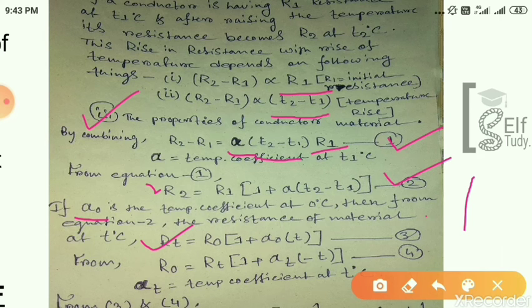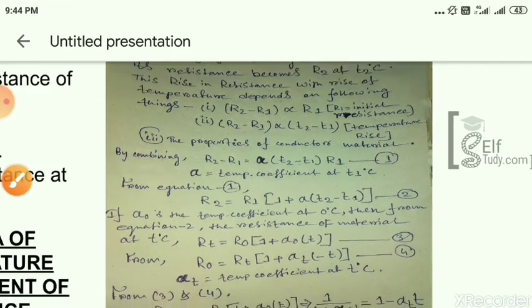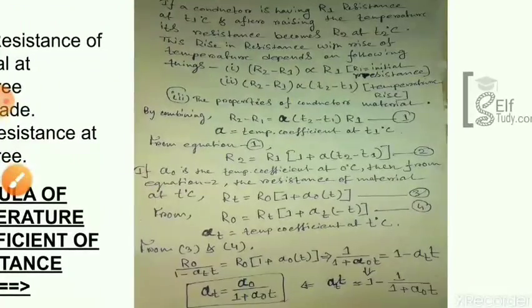That is equation number 3. Now, from equation 3, we can derive R0 equal to RT into (1 plus alpha T into minus T). Alpha T is the temperature coefficient at T degree centigrade.